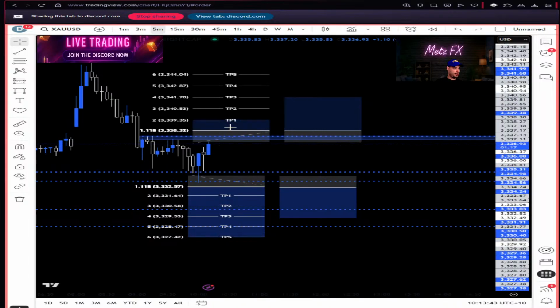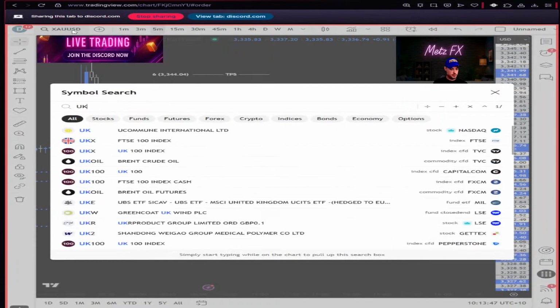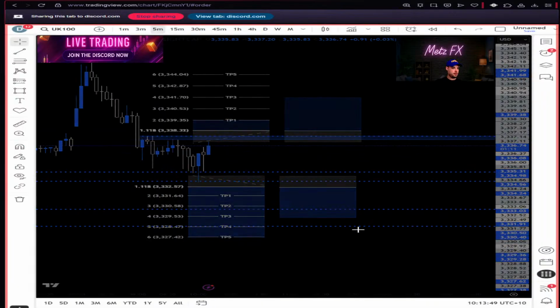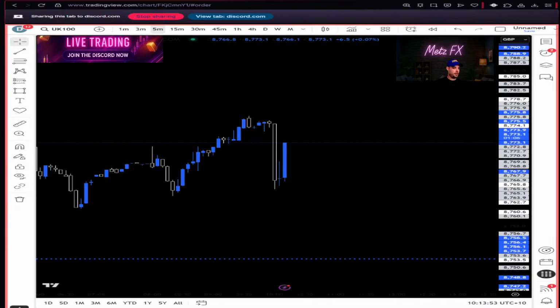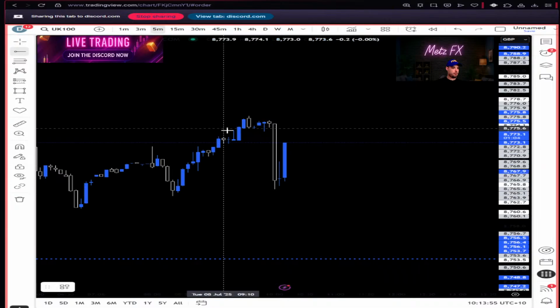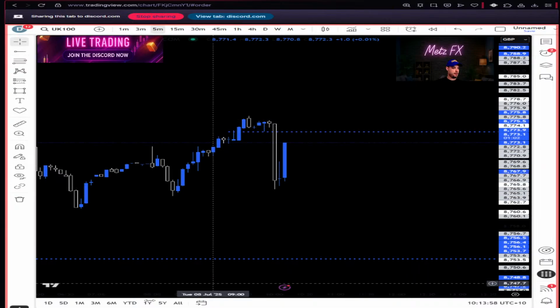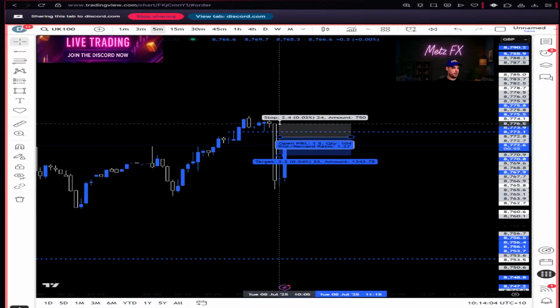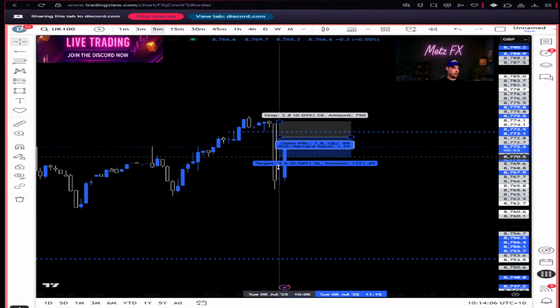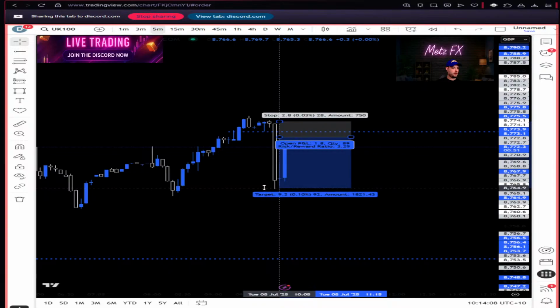I've got this open on another chart so I can see if we break through, but check this out. Look at that, UK 100 this morning. This is the Tokyo Open right there, so we would have marked potentially that level there. Decent move, 3 to 1.